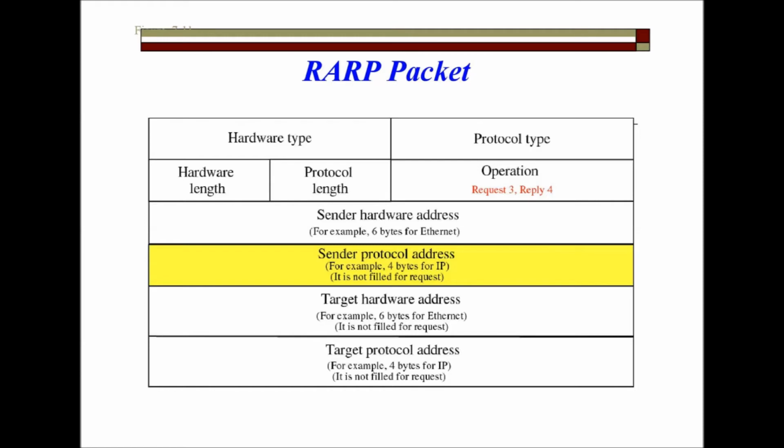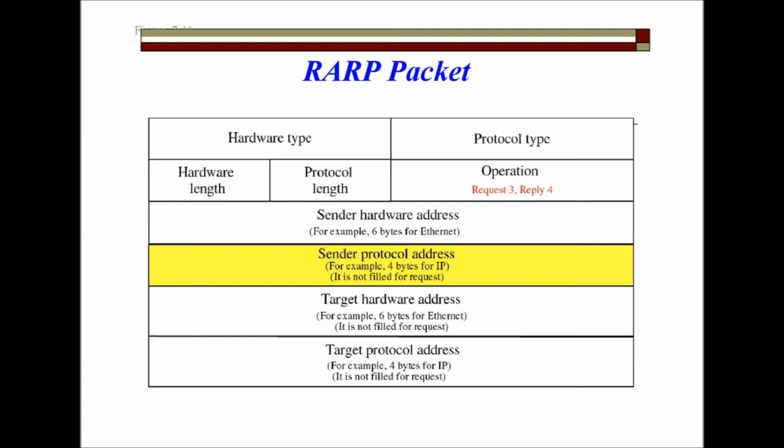Next is THA, the target hardware address, a variable length field defining the physical address of the target, the destination. Next is TPA, target protocol address, a variable length field defining the logical address of the target.